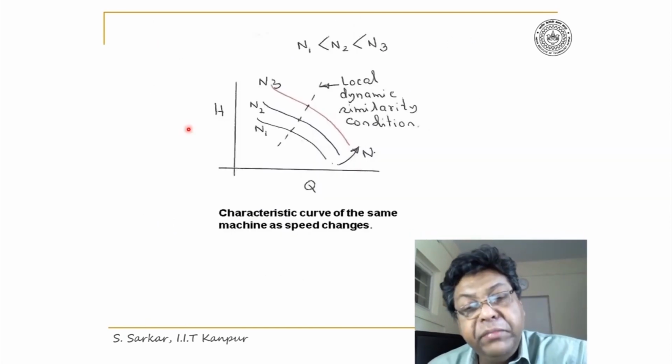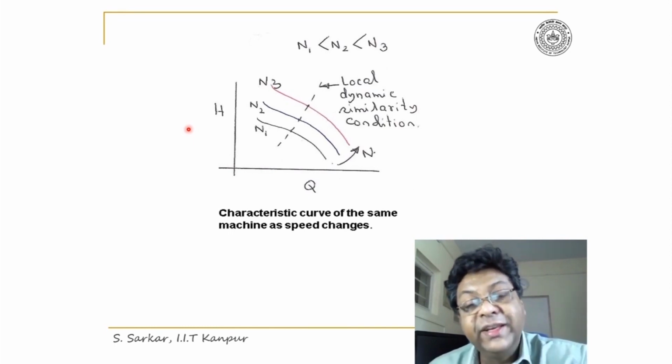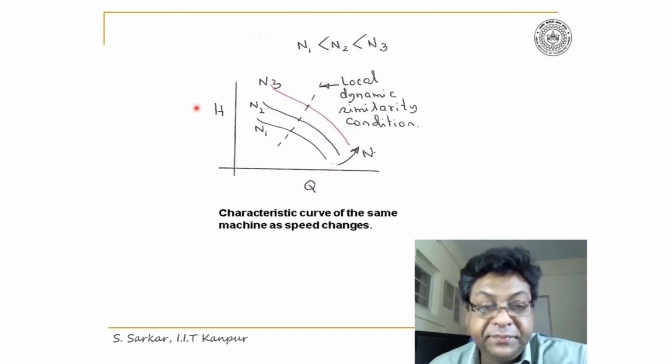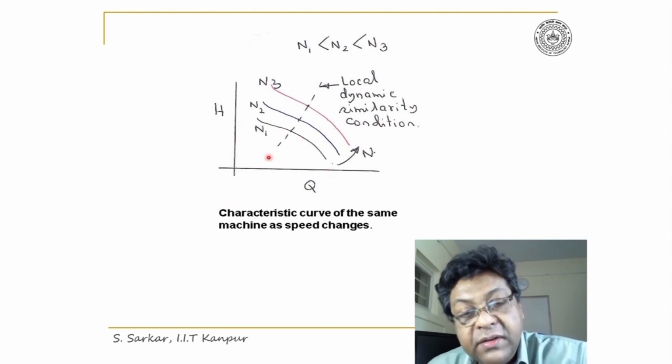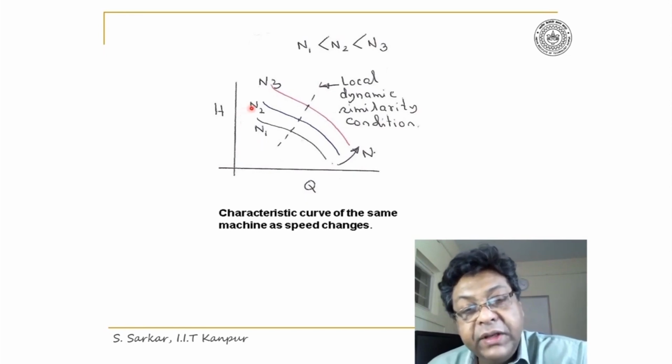Now, if for the same machine the speed has changed, how the characteristics will change, that I have represented here. Now, you see, this is the characteristics for the speed of the machine at N1 RPM, the next one N2 RPM, then that is further higher RPM at N3.